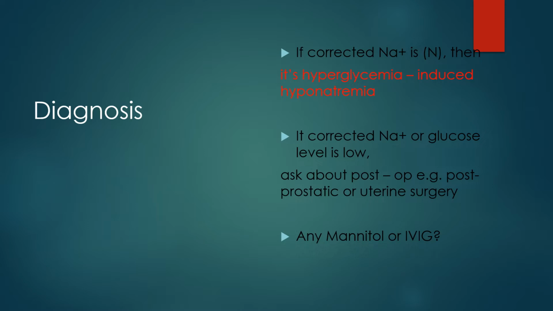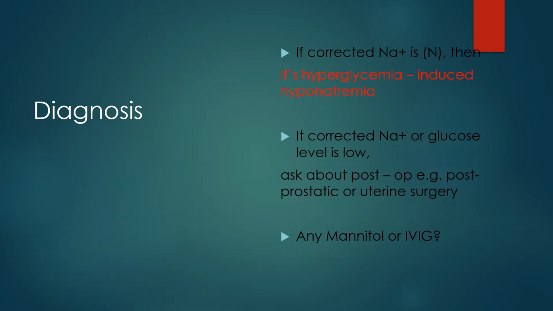If the corrected sodium or glucose is low, then ask about post-operative condition. For example, if this is post-prostatic or uterine surgery, we need to find out. Then history of mannitol use, that is osmotic diuresis, right?